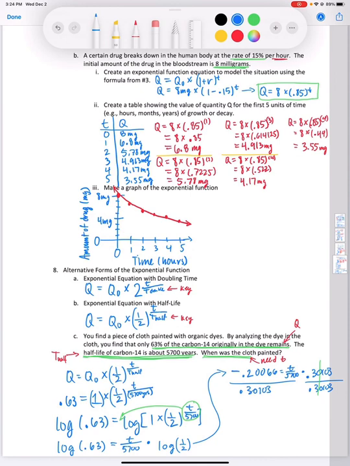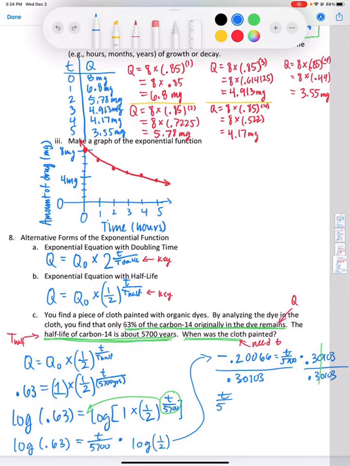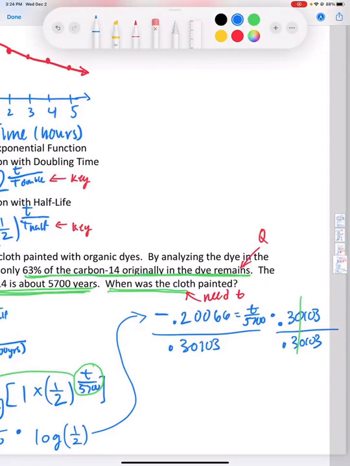Now when I divide, I take the log of 0.63 divided by the log of 1/2, and then we get T over 5,700 is equal to 0.6666.